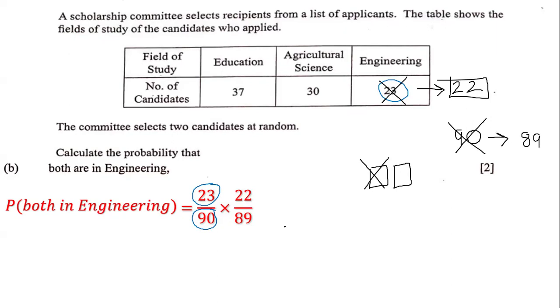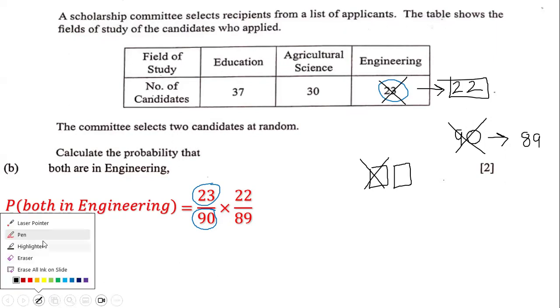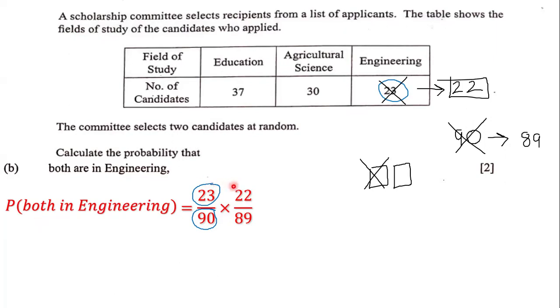And so that's why the probability of selecting the second student from engineering, with the understanding that the first student was also selected from engineering, is going to be 22, because there are 22 engineering students left, all over 89, because it's no longer 90 students, it's 89 students to choose from.